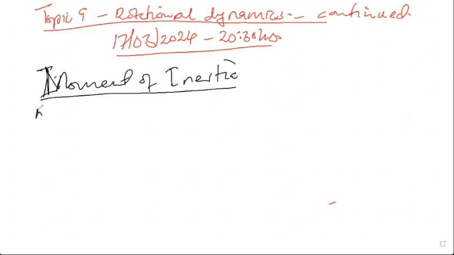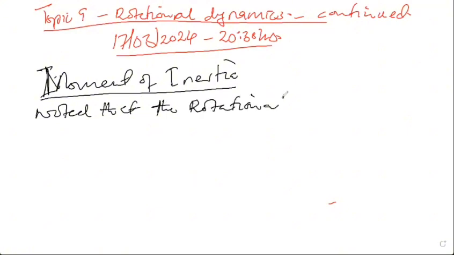We noted that the measure of rotational inertia, or the rotational inertia, depends on the following key things. And we listed 3 things. A, the shape of the object.